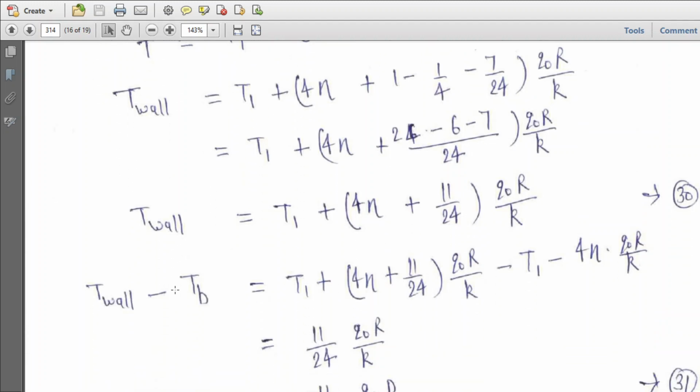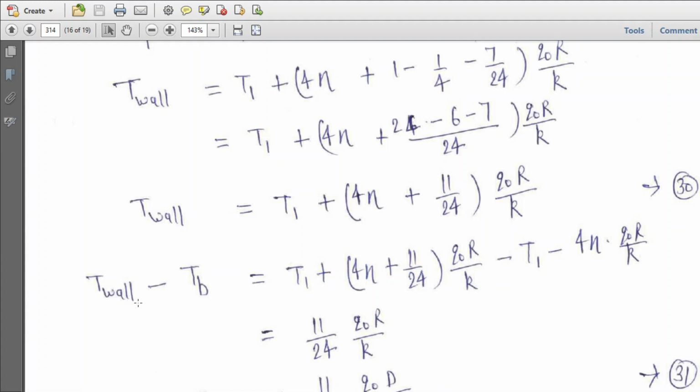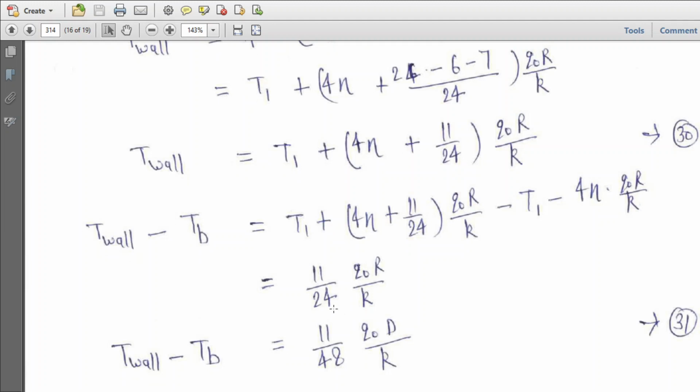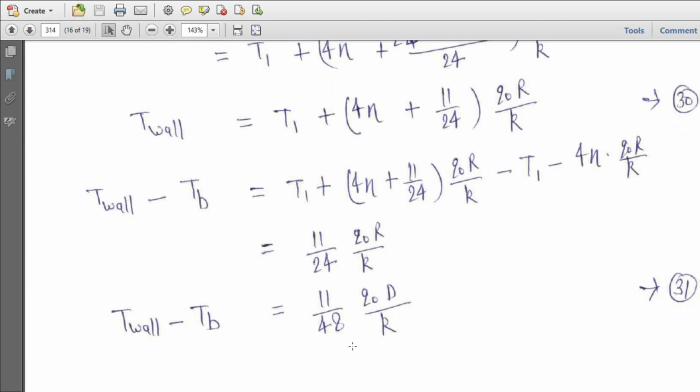Now you can calculate T wall minus T bulk. You have the T wall expression from here, and the bulk temperature you have just derived. Now from here you get 11 upon 24 q naught R upon k, and then 11 upon 48 q naught D upon k.